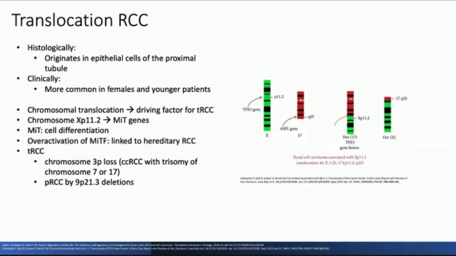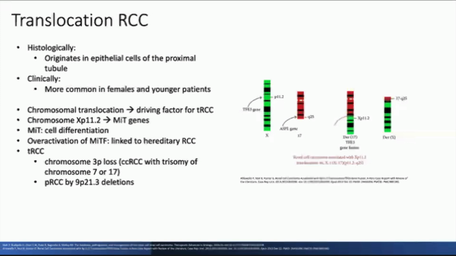Translocation RCC is a tumor that will arise in the epithelial cells of the proximal tubules. Clinically speaking, it's a tumor that tends to present in women and younger patients. In terms of pathogenesis, it's thought to be the result of translocation on chromosome Xp11.2.